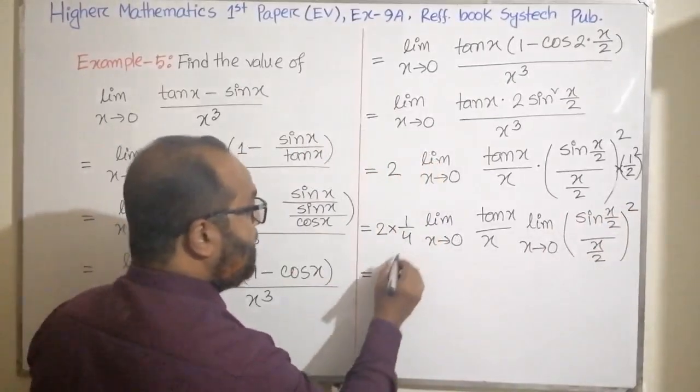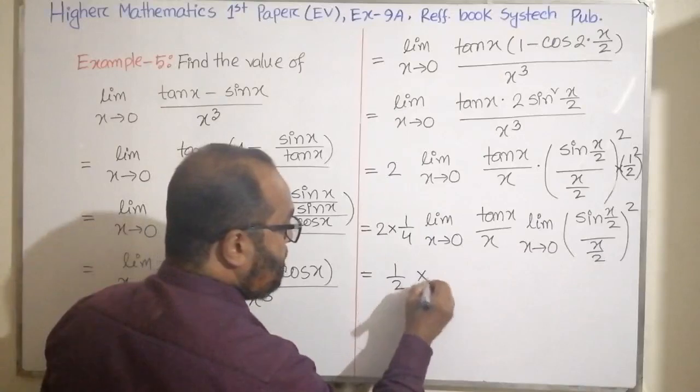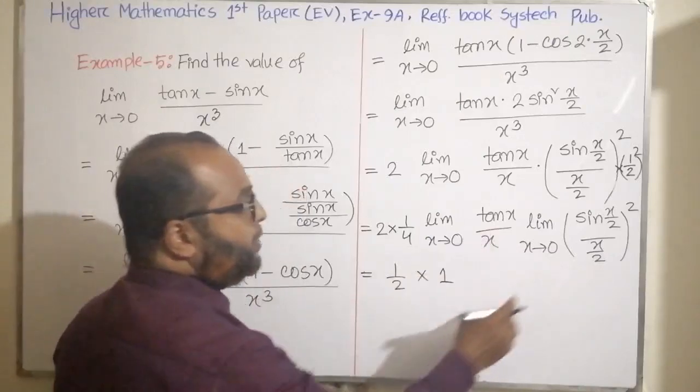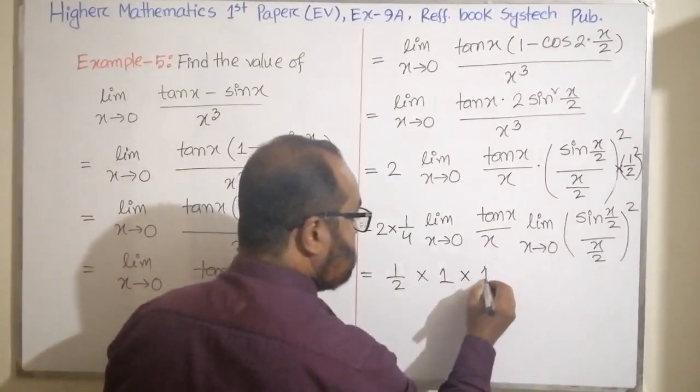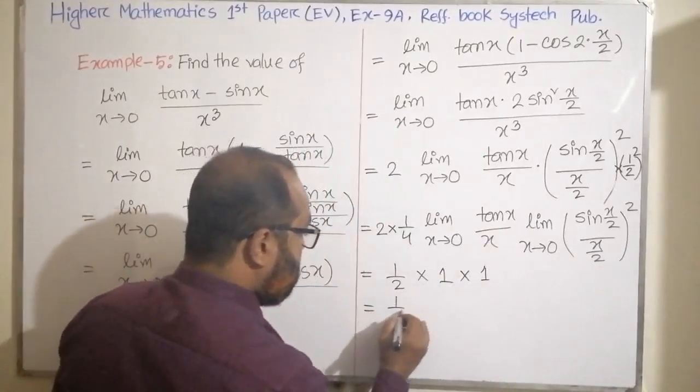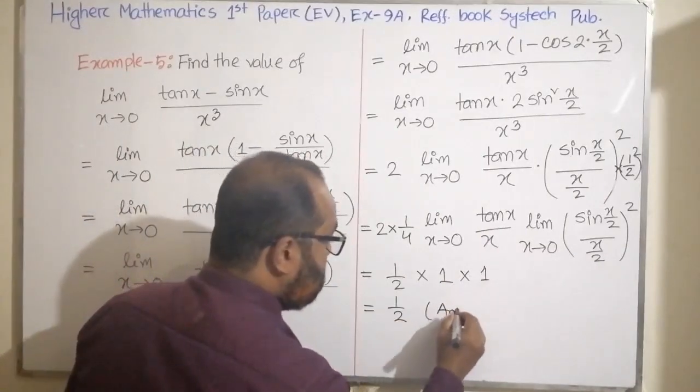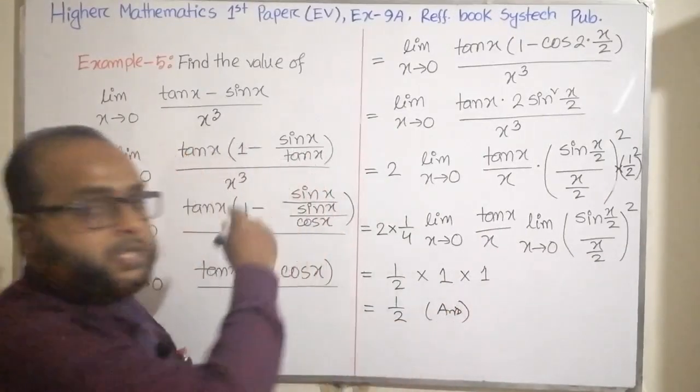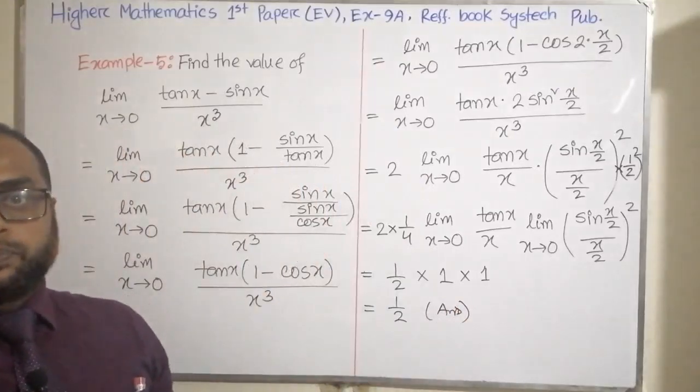This equals 1 by 2 into 1, this is the formula, this is another formula, this is 1. This equals 1 by 2, this is the answer of this question.